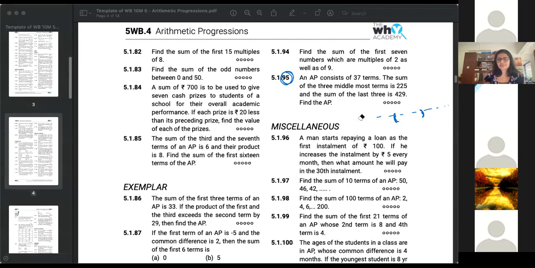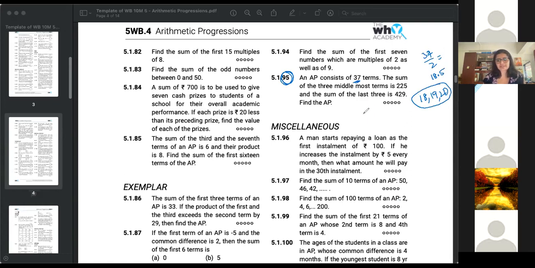So if anyone is yet to start, this is the thing. 37, right? For the middlemost terms, just do 37 by 2. That will be 18.5. So the middlemost terms are 18, 19, 20. So these are the 3 middlemost terms.